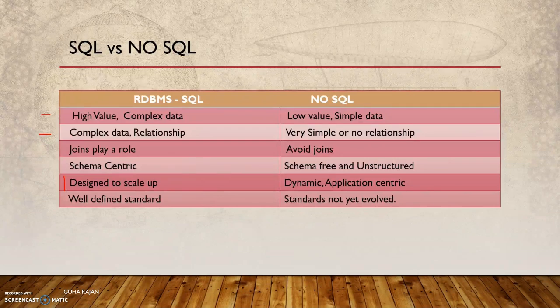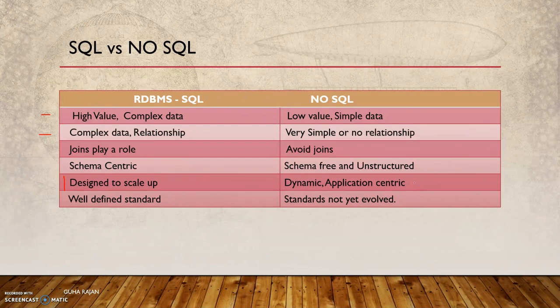The banking concept rarely changes; the banking business might not evolve that much. Whereas in the case of NoSQL, it is dynamic and application centric, possibly changing once a year because of the business need or because of the feed.